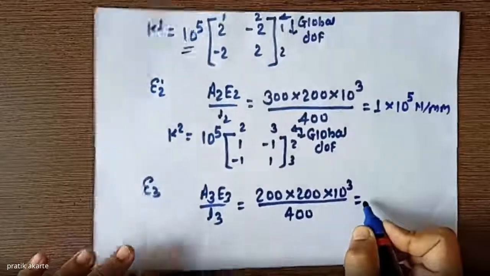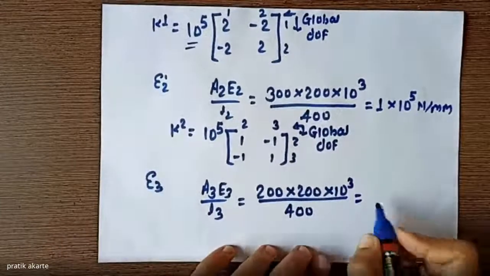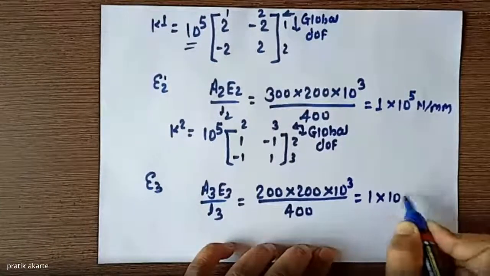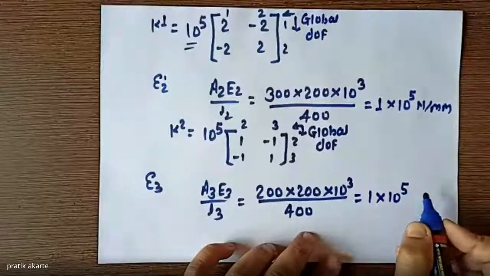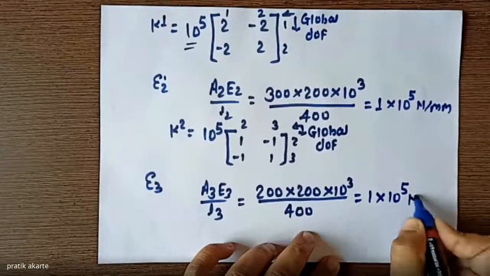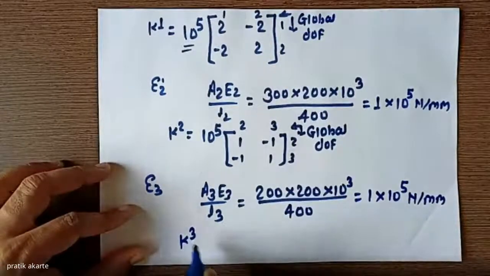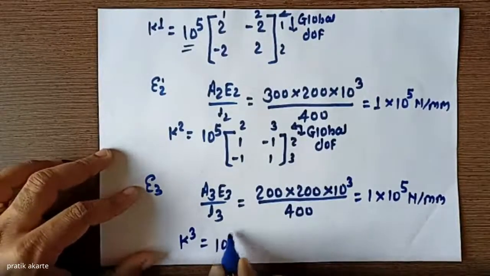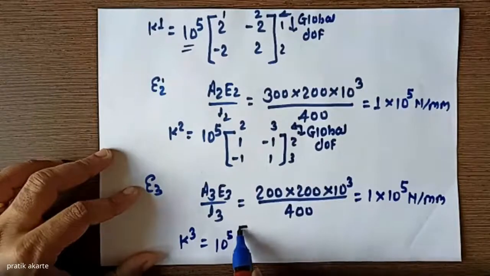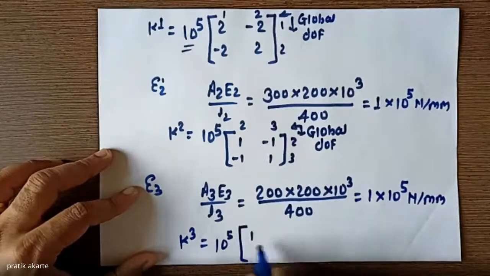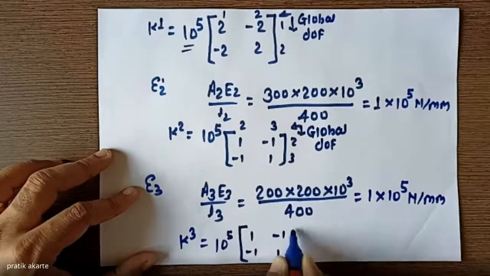This comes out to be 1 into 10 to the power 5 Newton per millimeter. And similarly, we get K3 as 10 to the power 5 into 1 minus 1 minus 1 1.